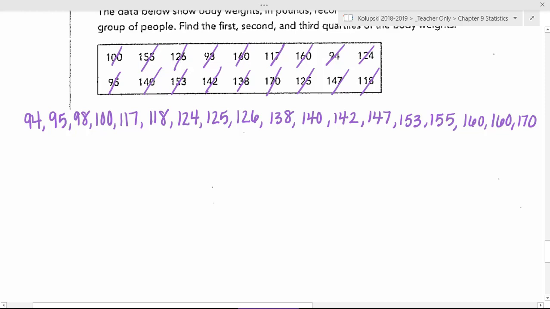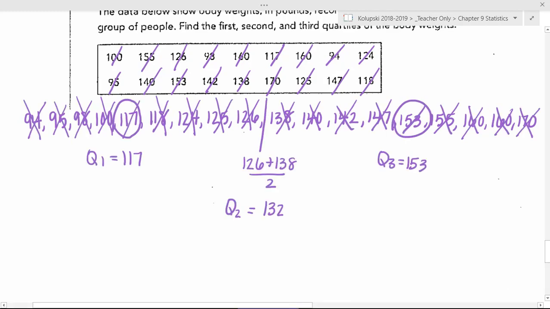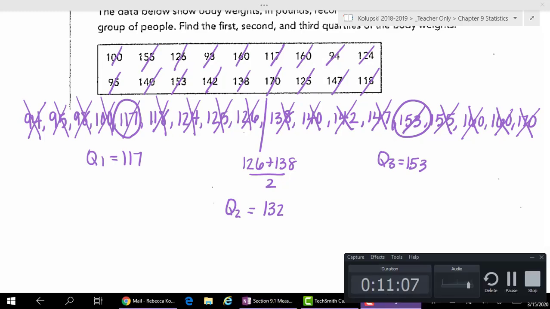And if you break it into 2, it's going to make it a lot more confusing. For this example, your 3 quartiles, only one of them was between 2 numbers, and in quartile 1 and quartile 3, it was an actual number, so you can go ahead and just circle it. That is the value, so you don't have to do any math to figure out those 2 quartiles.